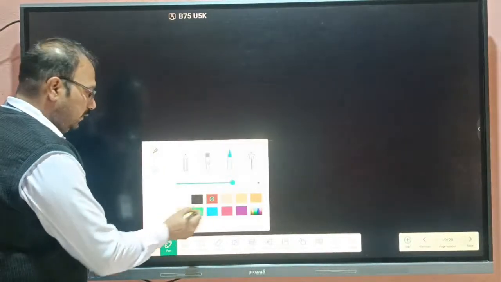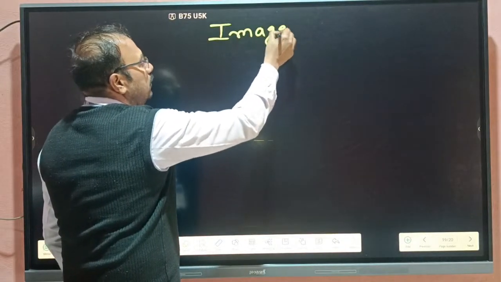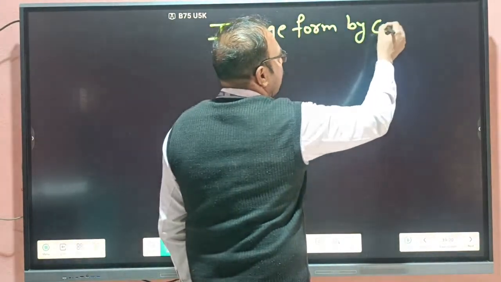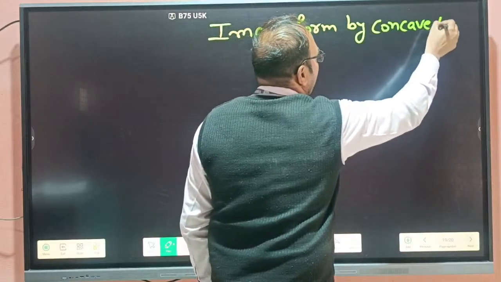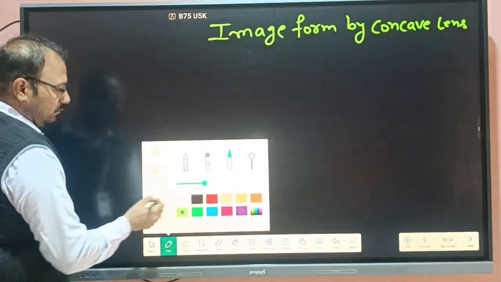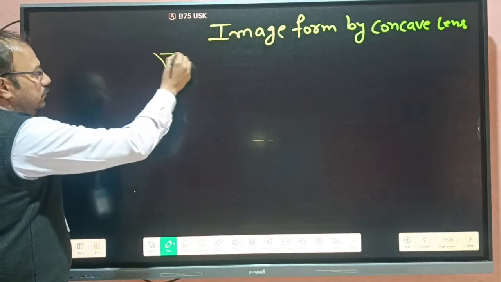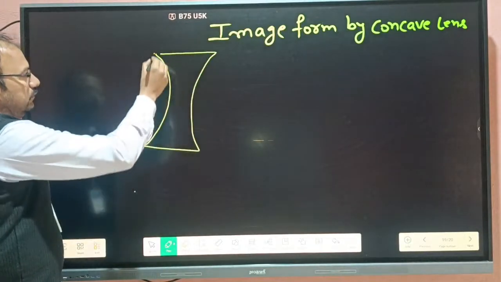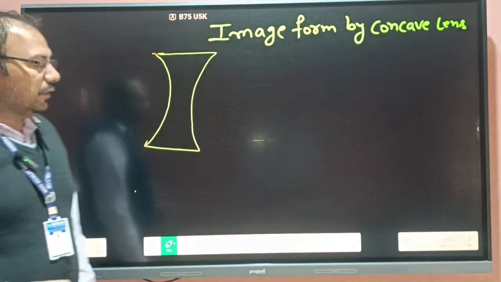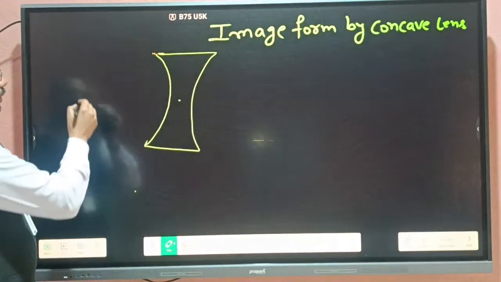Image formed by a concave lens. So this is a concave lens and this is the optical center, and we take the principal axis here.